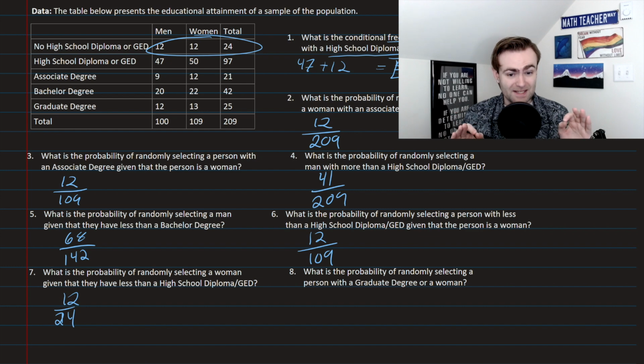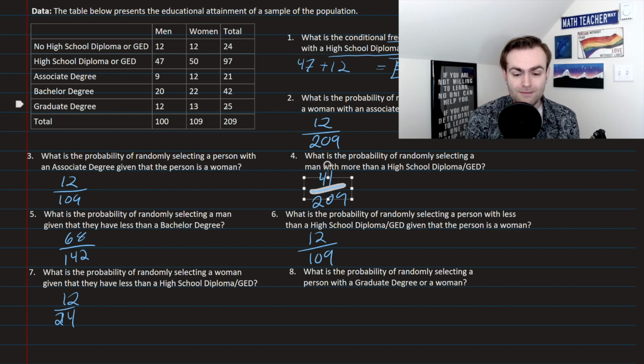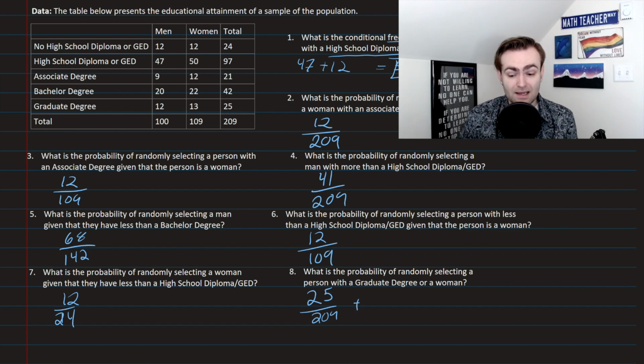Now, to spice things up a little bit, what's the probability of selecting a person with a graduate degree or a person that's a woman? Well, the probability of selecting a person with a graduate degree would be 25 out of 209. The probability of selecting a woman is 109 out of 209. The probability of the overlap would be 13 out of 209.